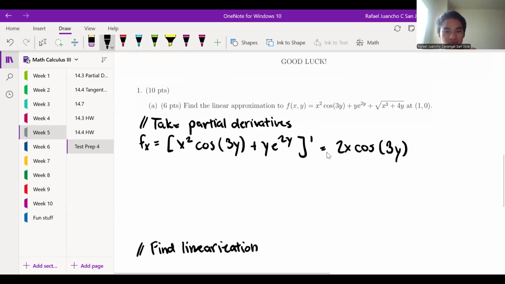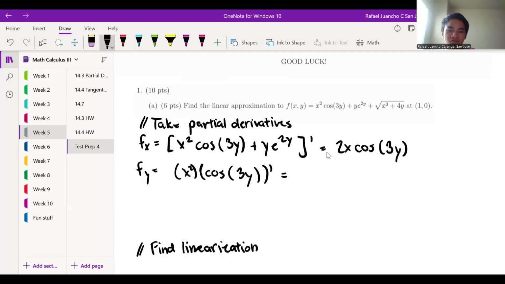Done. f sub y. So I take the derivative of this again. f sub y in this case, well, let's do a chain rule here again. Cosine 3y. Here, this is a number, so I actually just take this out. Now I take the derivative of this thing, right?